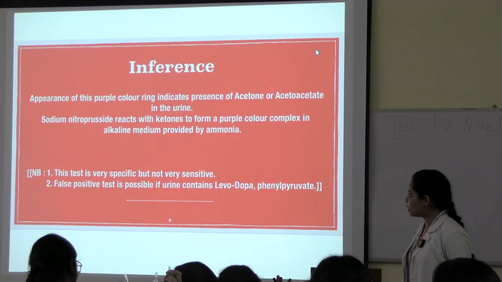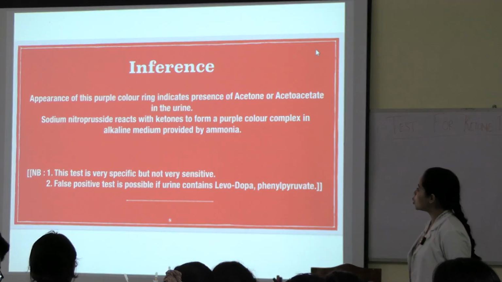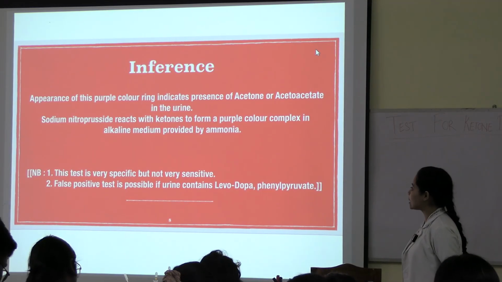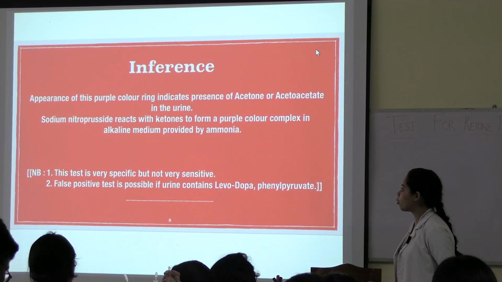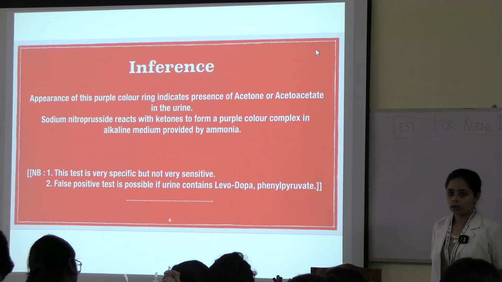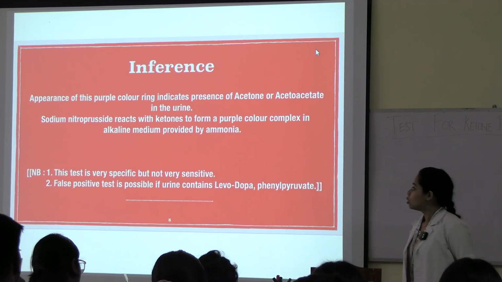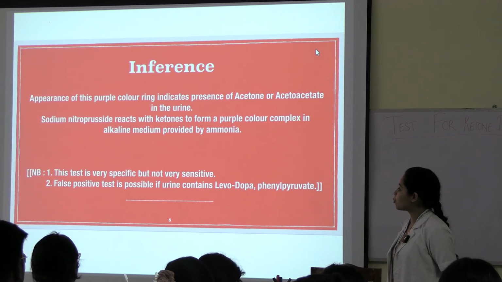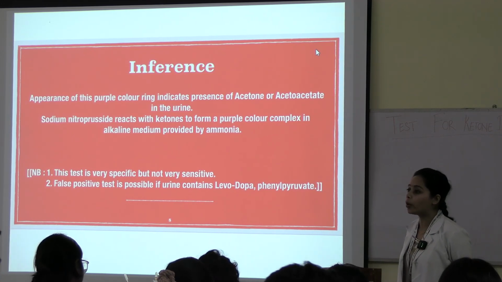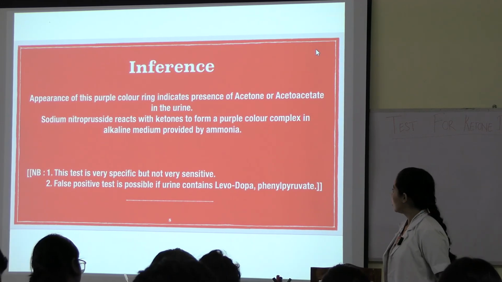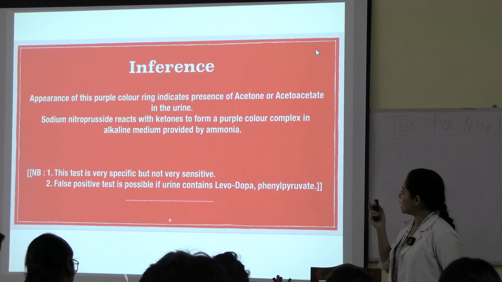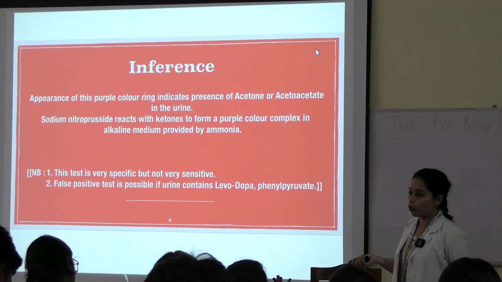Sodium nitroprusside reacts with ketones to form a purple color complex in the alkaline medium provided by ammonia. Did you understand this line? Sodium nitroprusside reacts with ketones to form a purple color ring in the alkaline medium provided by ammonia.